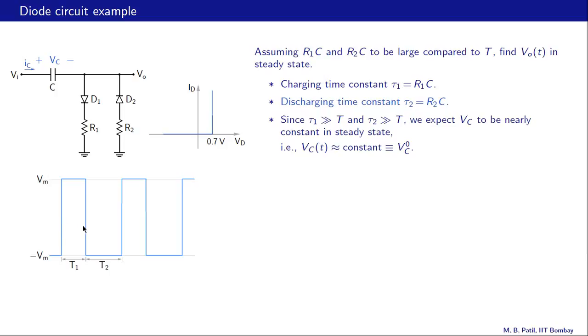Similarly, if the capacitor is discharging, we will not really notice any difference in one interval like T2, because it will discharge so slowly over several cycles. So because of that, we can say that the capacitor voltage in steady state can be treated as a constant, and let us denote that constant by Vc with a superscript 0.